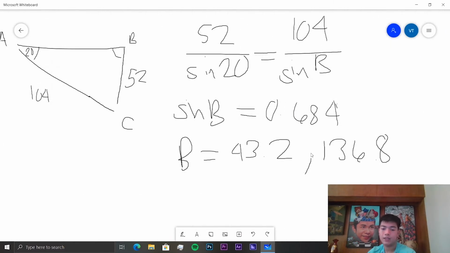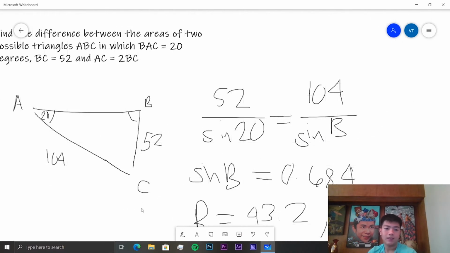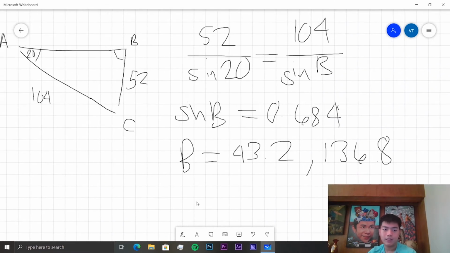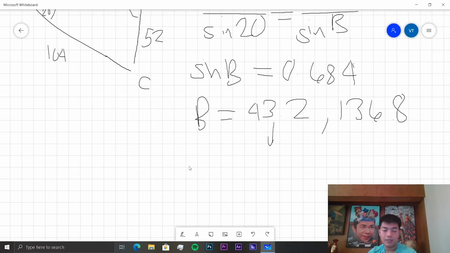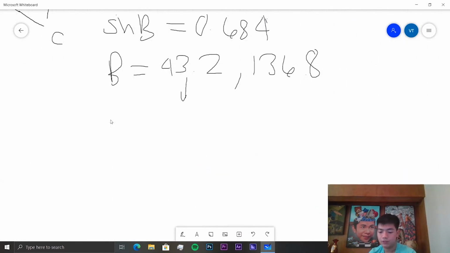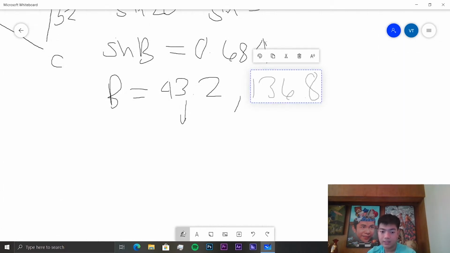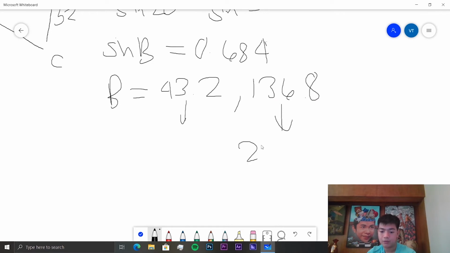So we need to solve for the areas of both of these triangles. Since we have these two, we could solve for the angle between the two sides that we already know, which is 180 minus 20, so 160 minus 43.2 and 160 minus 136.8. So in this case, 160 minus 136.8 is 23.2, and 160 minus 43.2 is equal to 116.8.